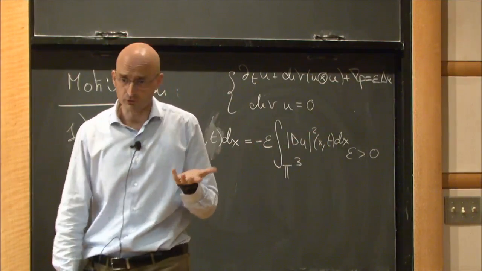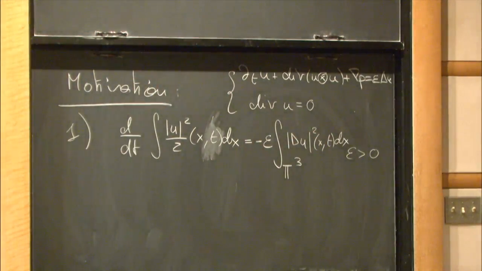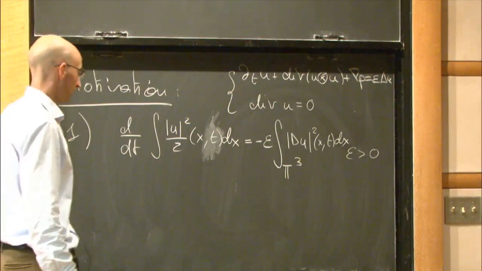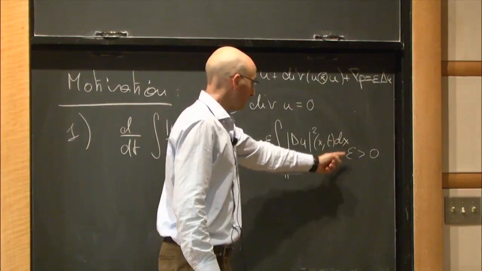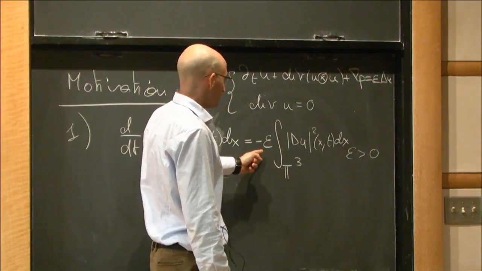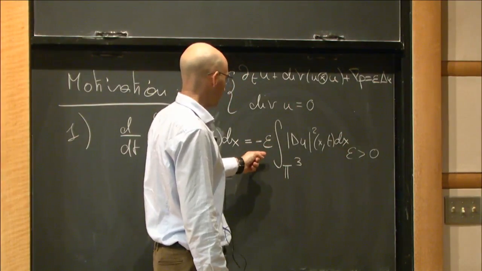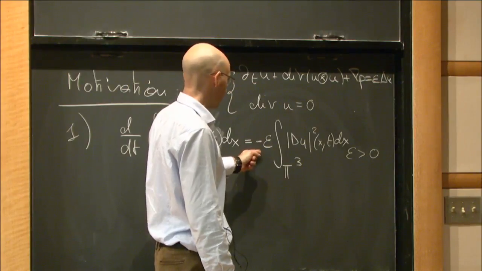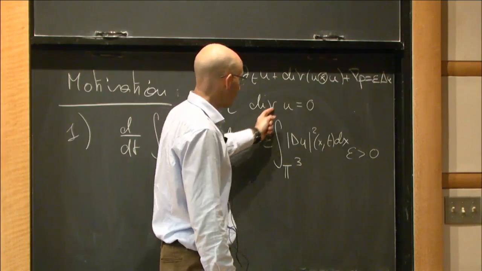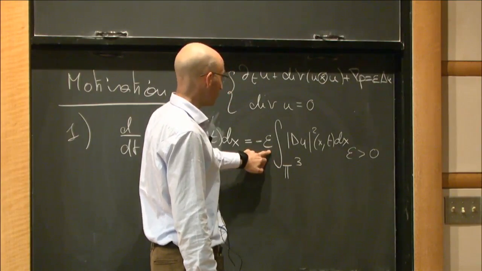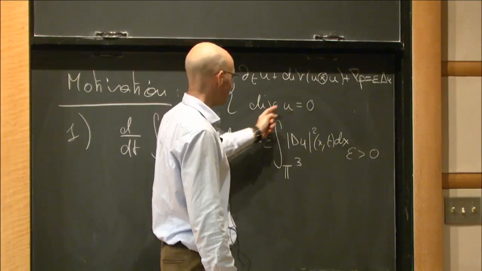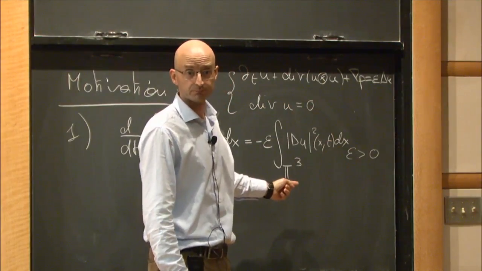On the other hand, it's one of the main assumptions of the theory of fully developed turbulence, which was started by Kolmogorov in 1941, that in fact, this quantity is, for most solutions of the Navier-Stokes equation, or statistically for almost all solutions, actually independent of epsilon. So although you have epsilon going to 0, you should be able to find plenty of solutions for which this quantity stays bounded away from 0.